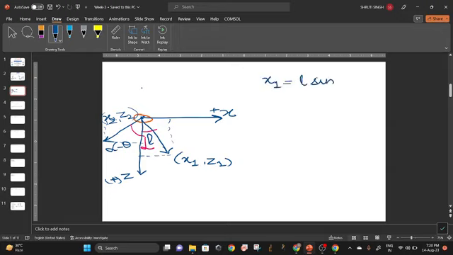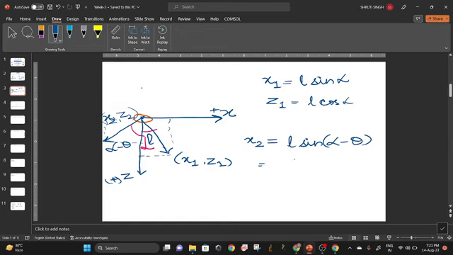I have taken L, so x1 is L sine alpha, and z1 is L cos alpha. Now x2 will be this one, so it will be L sine of alpha minus theta.